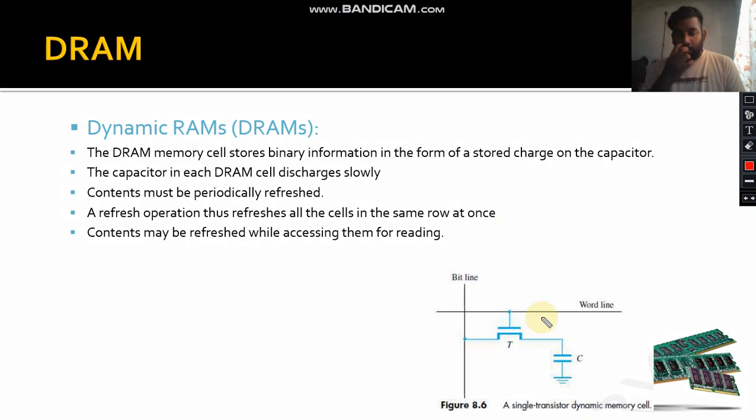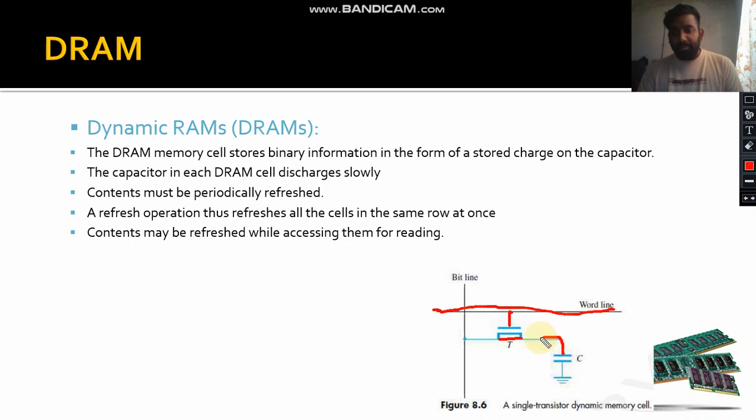We can see how the transistor dynamic RAM cell works. When we enable the word line, this transistor works as a short circuit. Then the bit line, or sense or read circuit, senses the voltage in the capacitor.